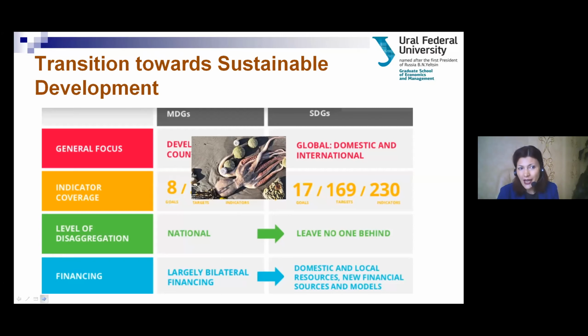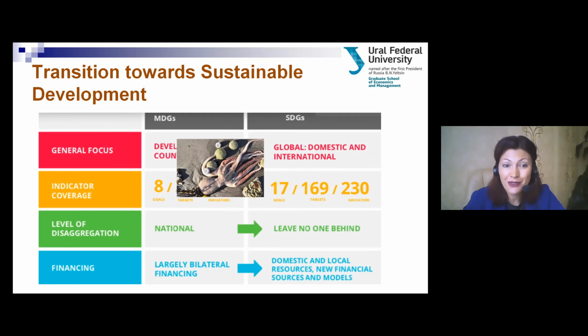So what happened in the transition towards sustainable development when they switched? I don't know why the Kamchatka crab is here in my presentation, but probably it's a good sign. So the transition is on the slide.